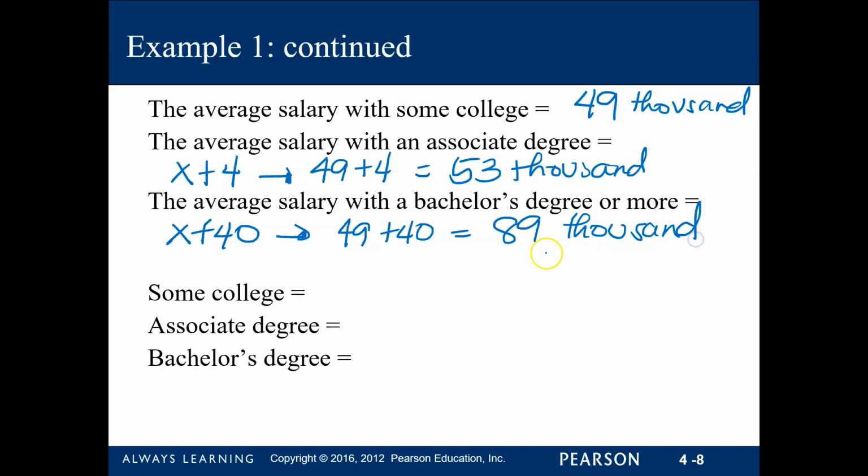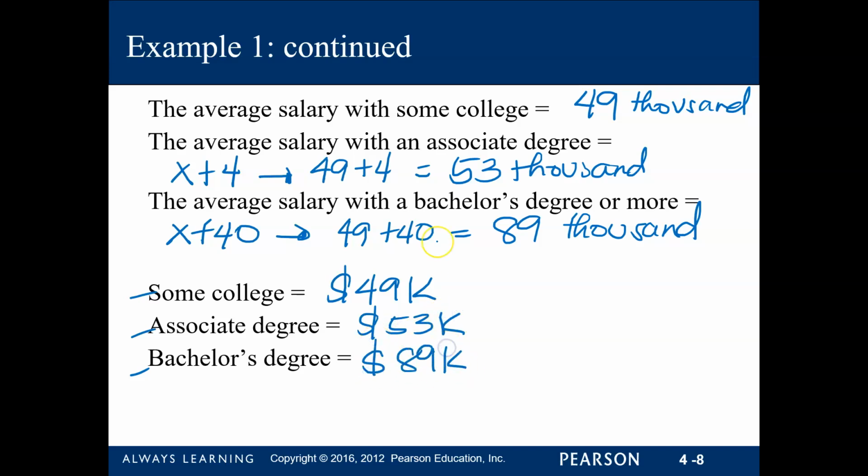So answering the question, what are the average yearly salary of some college, associates, and bachelors, you are to give 3 different values. We are not simply solving for x. We are looking for 3 answers. So this is going to be 49,000. This is 53,000. And then this is 89,000.